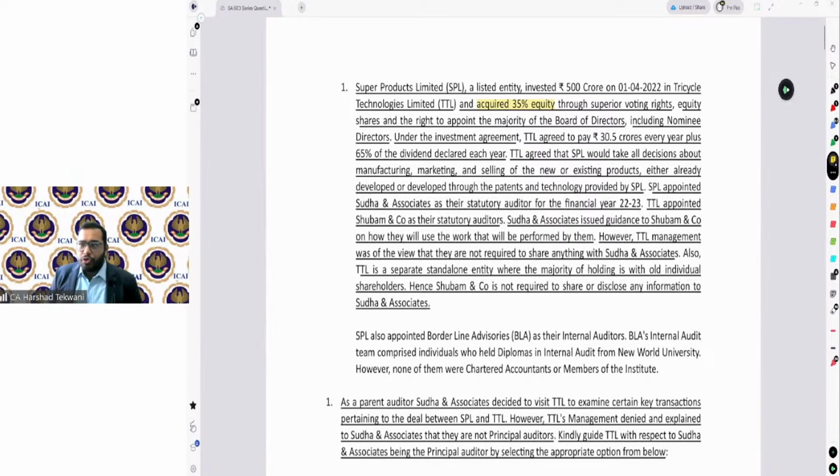Is Sudha and Associates a principal or are principal auditors or not? Good, Namrata. Very good. Viraj, can you provide the reason for your answer?